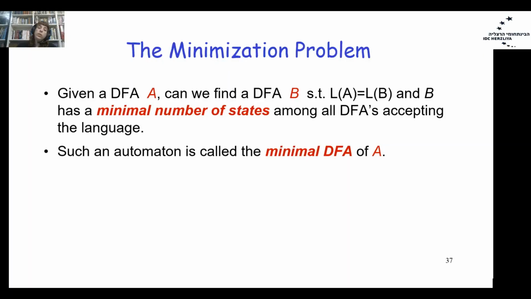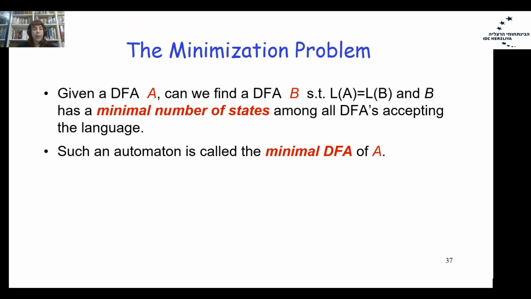Okay, now let's talk about the minimization problem, the problem that several students already asked. How do we know that the solution we built is the minimal one? I told you, listen, you have to try, but later during the course we will study the minimization algorithm.